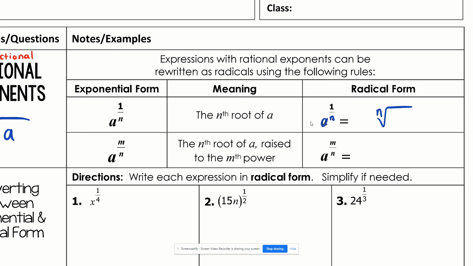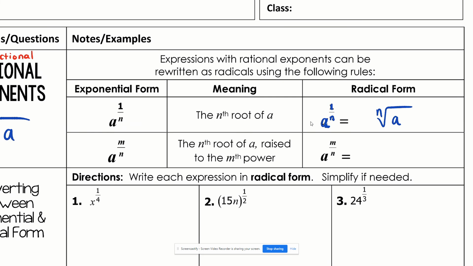The radicand is the base. The base is the radicand. And if there is some value up here, it is the exponent of the radicand. Anything raised to the first power is itself, so you don't really need to put the 1 there. But that's how it works.